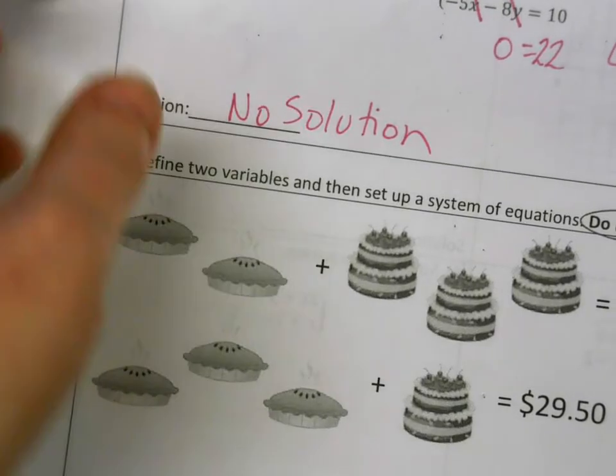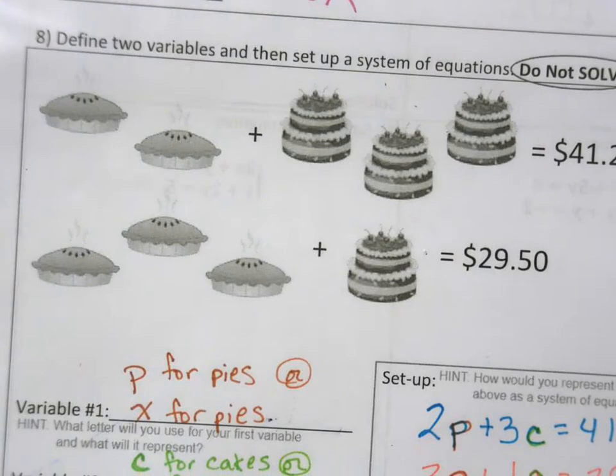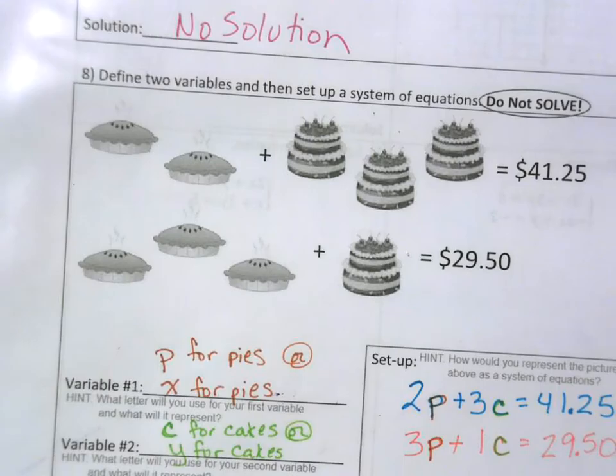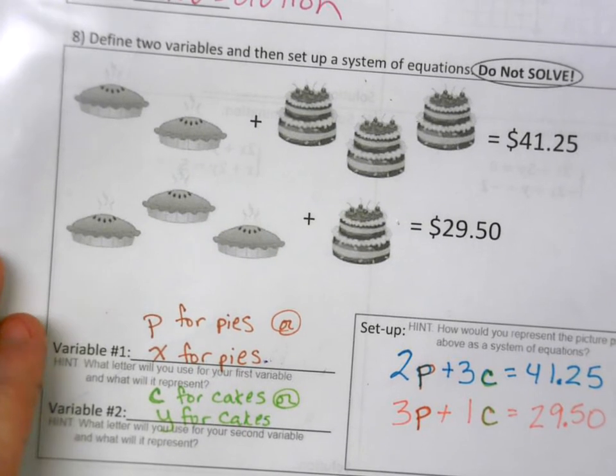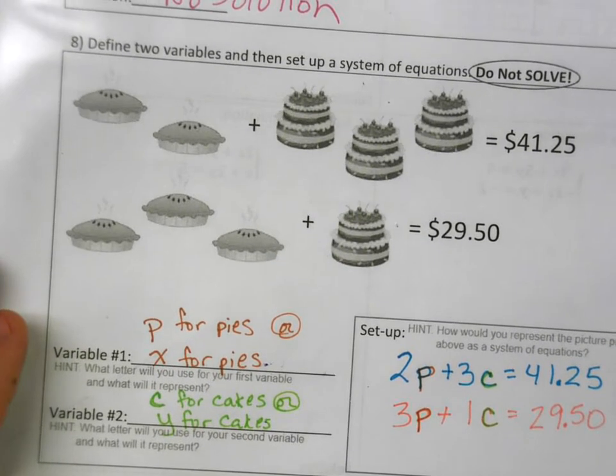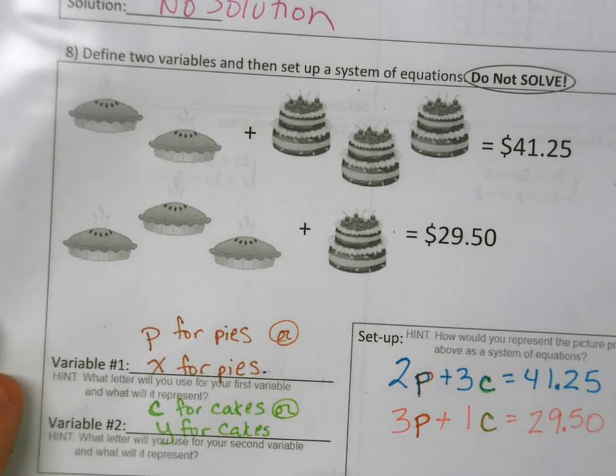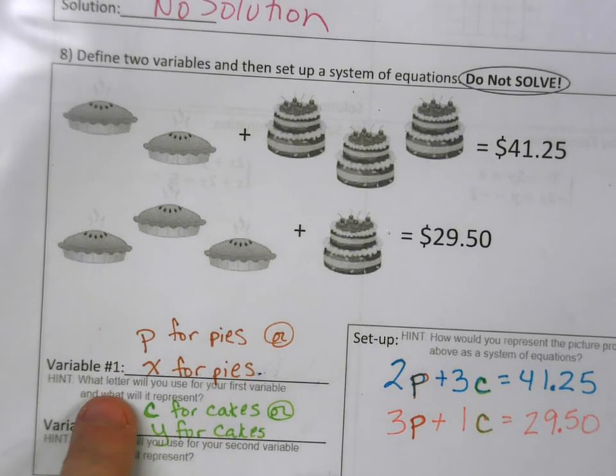Down here at the bottom, I was just trying to see if you could use these pictures to come up with the equation looking like algebra. Notice underneath the first variable it says, what letter will you use to represent your first variable and what will it represent? So I chose P for pies.